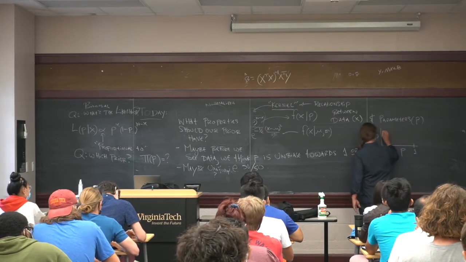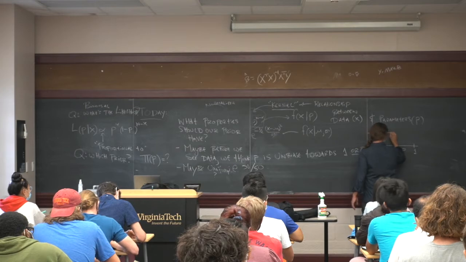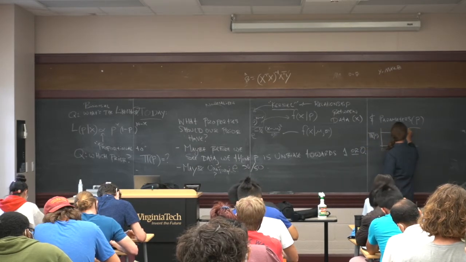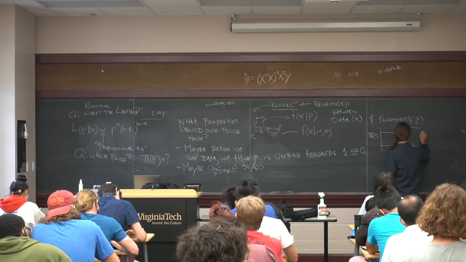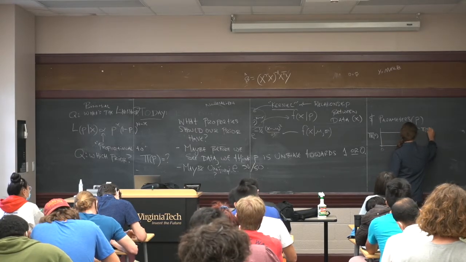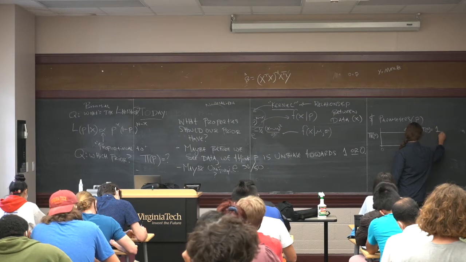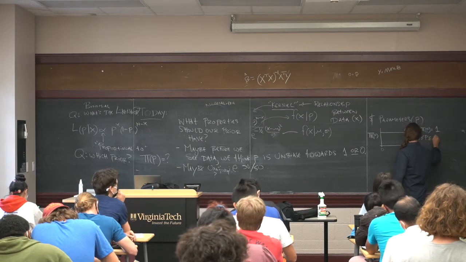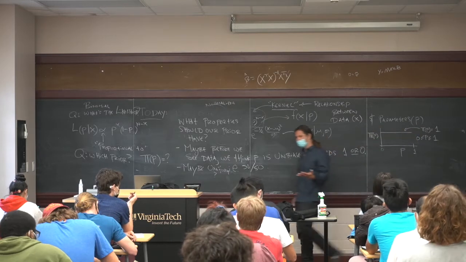And so you said, let it be uniform. So maybe that's a good choice. So pi(P) is going to be equal to 1, where P lives between 0 and 1. Not a bad choice.